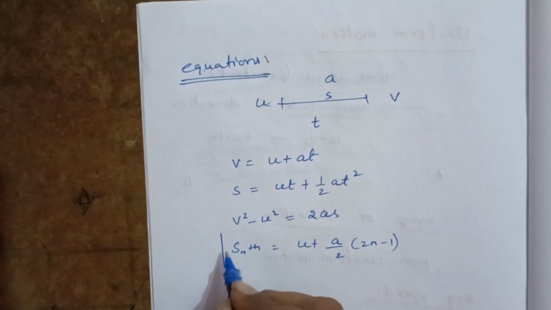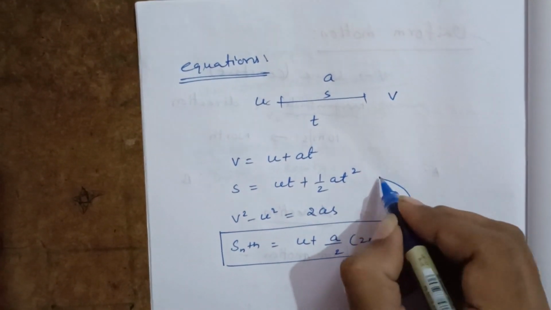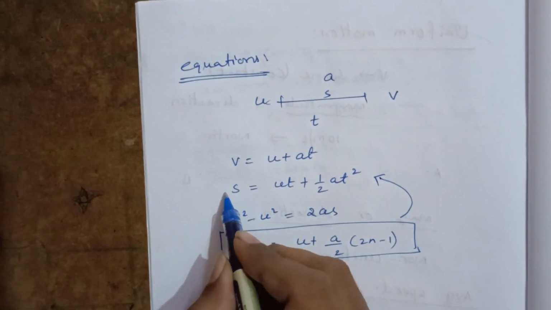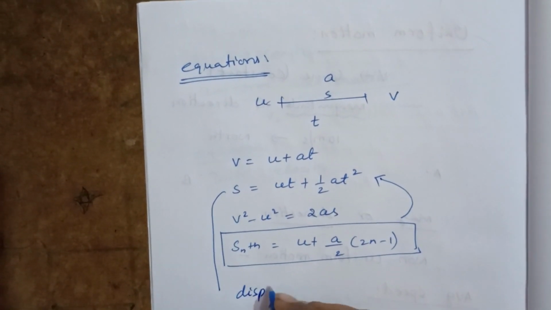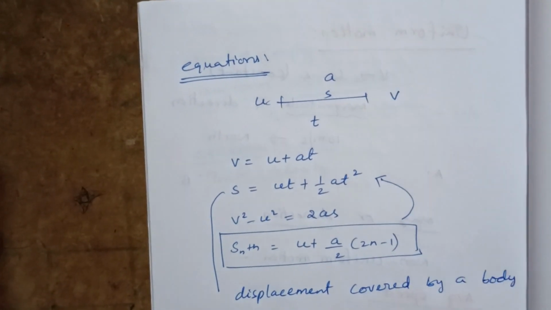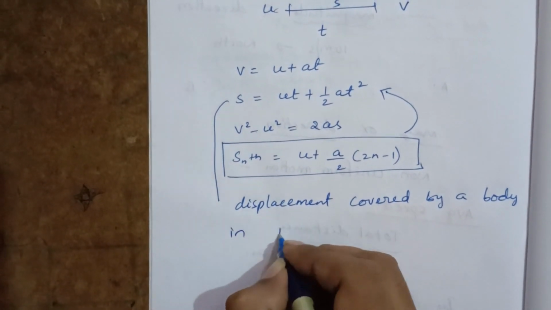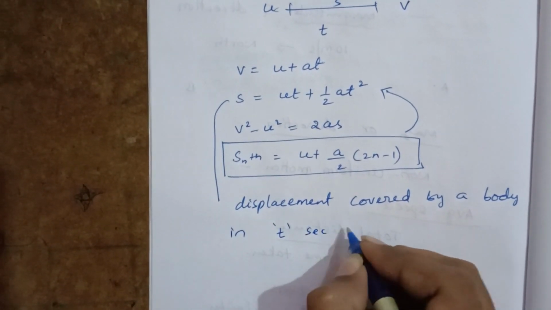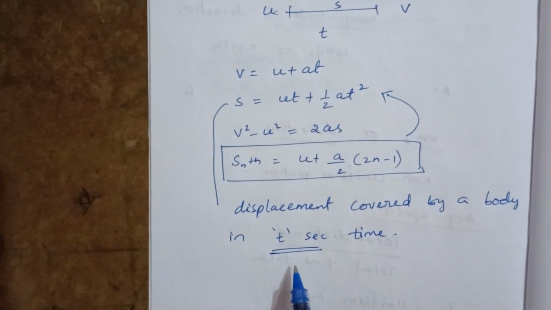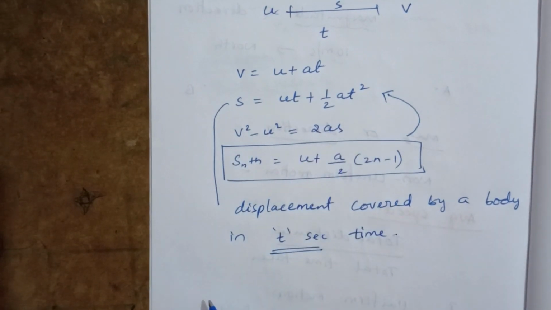Now this fourth formula is a special case of the second equation. The second equation is the displacement covered by the body in t time, s equal to ut plus half a t square.